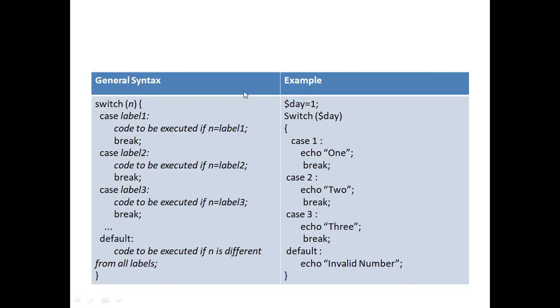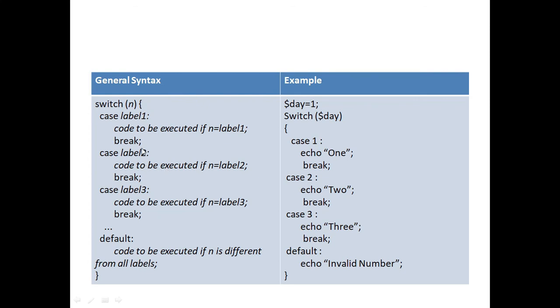The general syntax is switch, and then case statements. Here it will check case label 1, that is, if n is equal to label 1, it will execute the code for n equal to label 1. In the second case, it will check if n is equal to label 2, and it will execute that code.